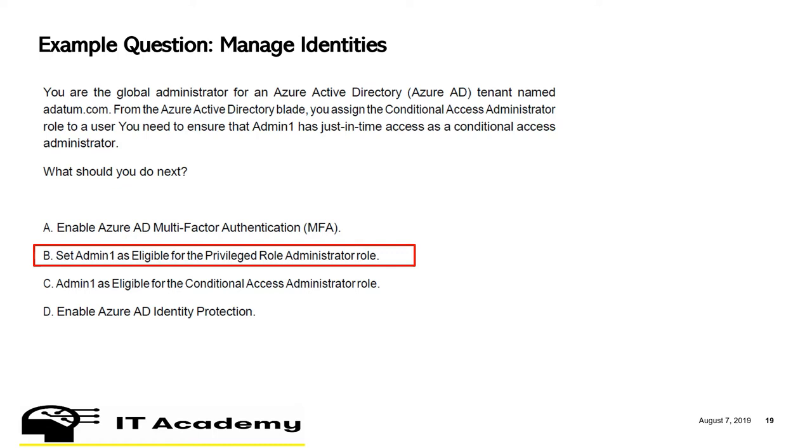So what we need to do here is identify the action that is going to allow admin1 to have just-in-time access. That's what this tests our knowledge of. If we were to enable Azure AD multi-factor authentication, that's not going to give us the rights to have just-in-time access to virtual machines.